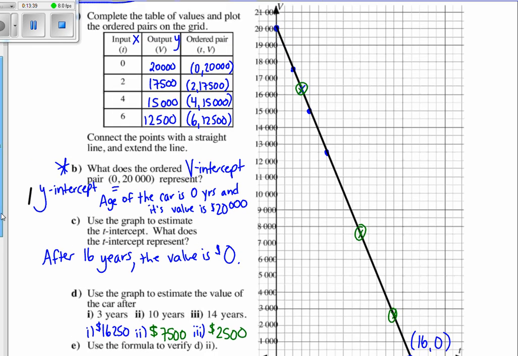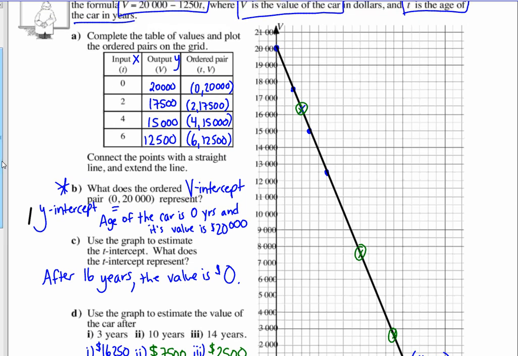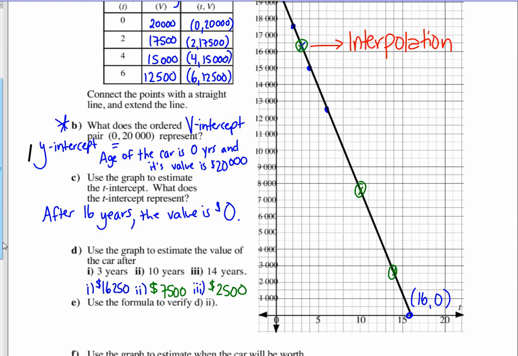All right. So here's the thing, guys. Here are some definitions. You might have remembered these from grade 9. If we're estimating between two given points, what's that called? Yes, interpolate. So the estimate for 3 was interpolation because that was between two given points. If we're predicting outside the points that are given, which was the 10 and 14, what's that called?